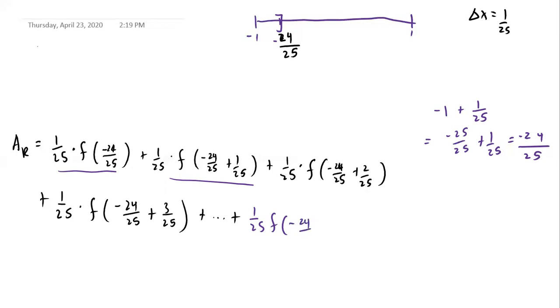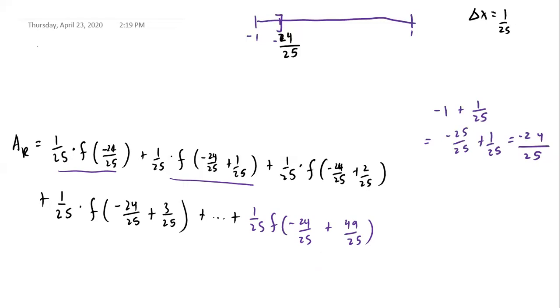So it becomes negative 24 over 25 plus 49 over 25. And if you see, this last one simplifies to 1, which would be the right endpoint as we want it. Negative 24 plus 49 is 25. 25 divided by 25 is 1. Okay. So we do end at the right endpoint, which is what we want.